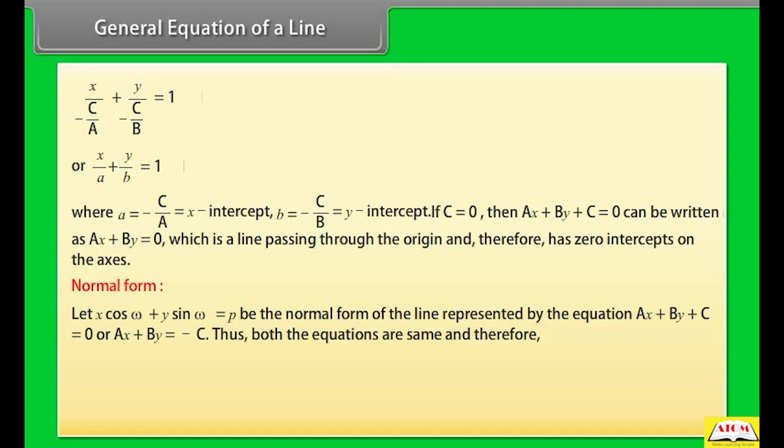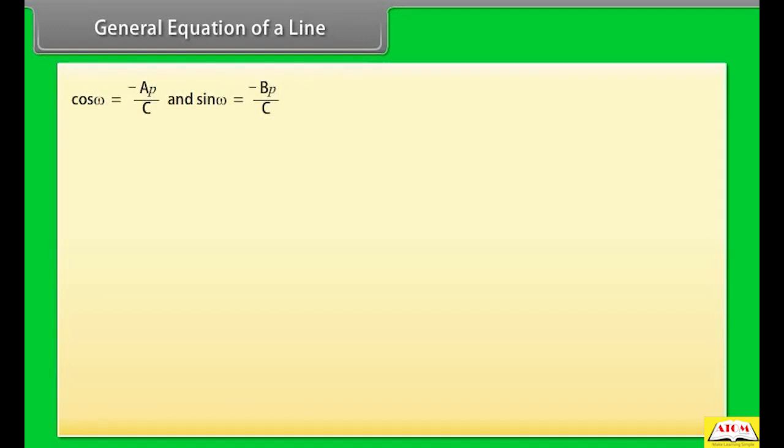Thus, both the equations are the same and therefore a by cos omega is equal to b by sin omega is equal to minus c by p, which gives cos omega is equal to minus ap by c and sin omega is equal to minus bp by c, and now sin square omega plus cos square omega is equal to minus ap by c whole square plus minus bp by c whole square is equal to 1.